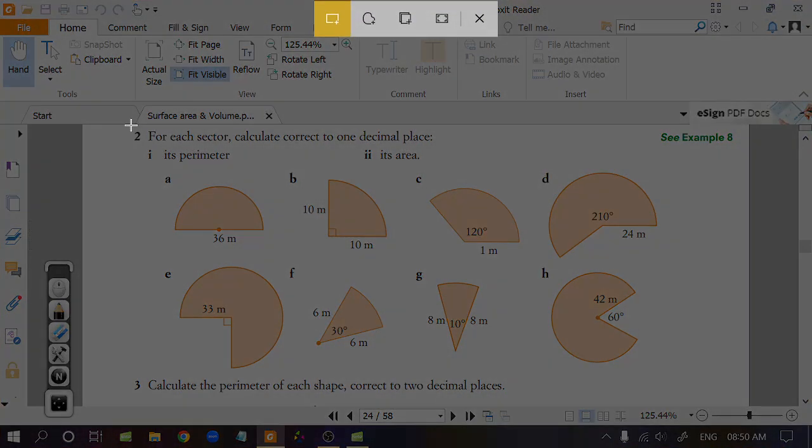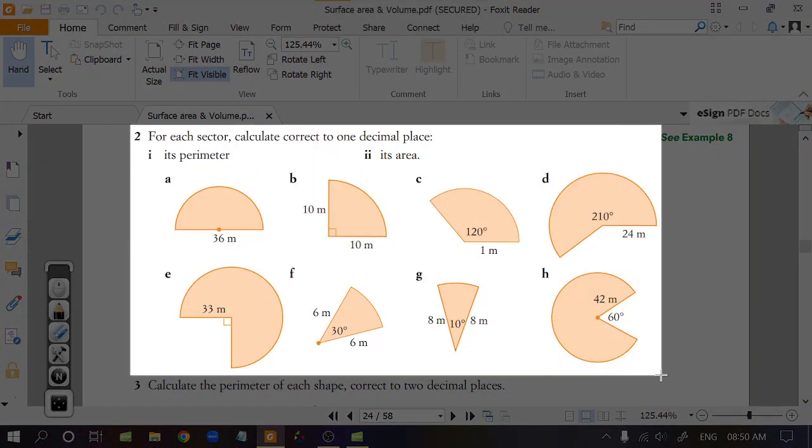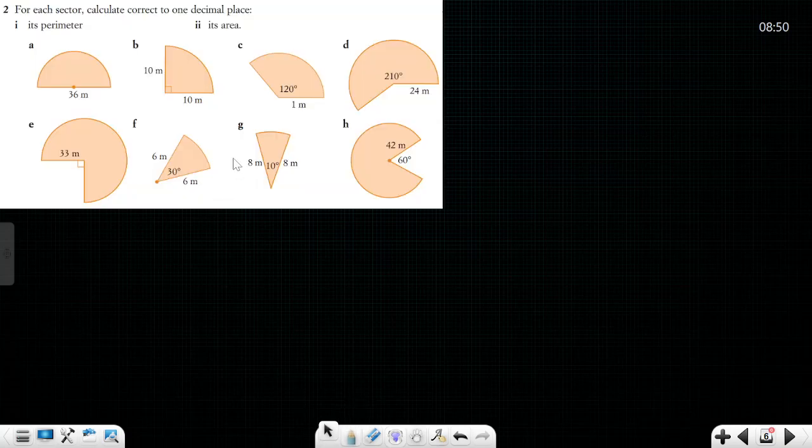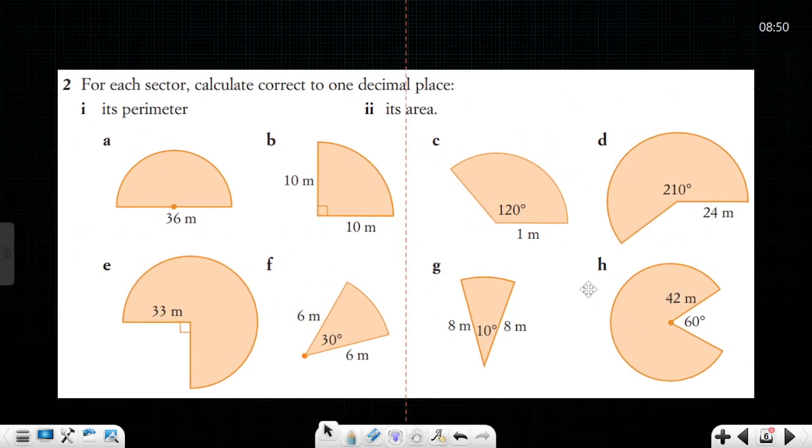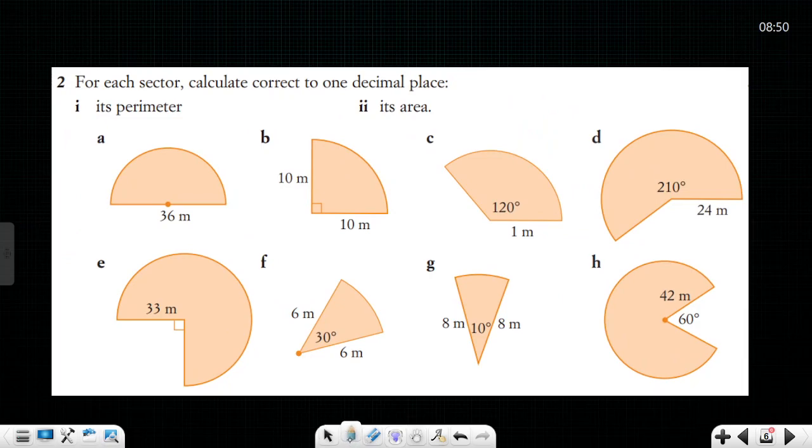In the second question, I'll put a tick on my board for which questions to do. See, in the second question, you can do bit H, and you can do G and E. These 4 questions are sufficient. Please do them as homework.